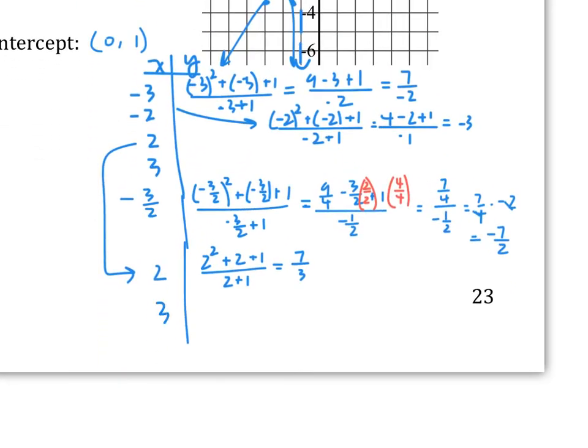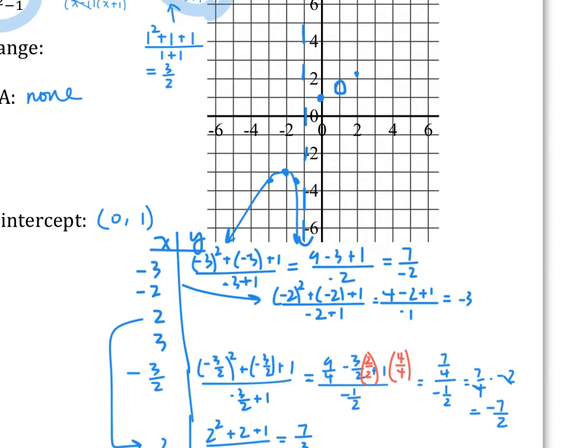Okay, 3: 3 squared plus 3 plus 1 over 3 plus 1. So that is 13 over 4, which is about 3 and 1/4.